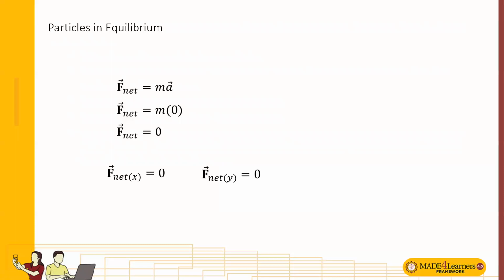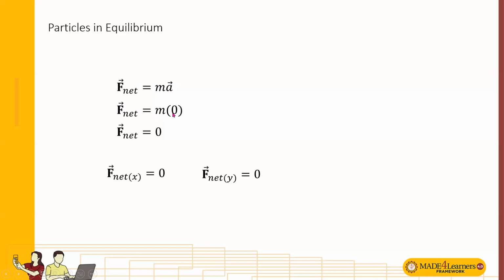So we have what we call particles in equilibrium. Equilibrium means something is equal to another quantity. From the law of acceleration equation, if the particles or the object is in equilibrium, meaning there is a balanced force, meaning there's no net external force, therefore acceleration is zero.